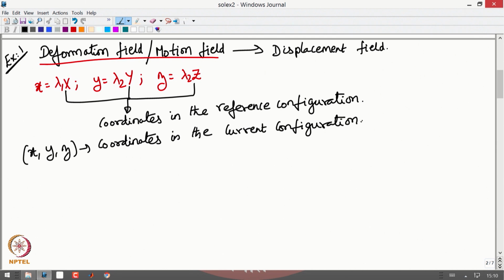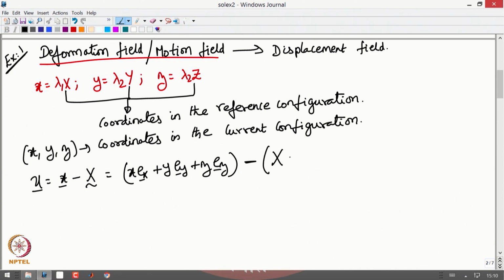We want to find what is the displacement field u. We know that u is given by small x minus capital X. So, we substitute for small x as x E x plus y E y plus z E z, minus capital X E x plus capital Y E y plus capital Z E z.